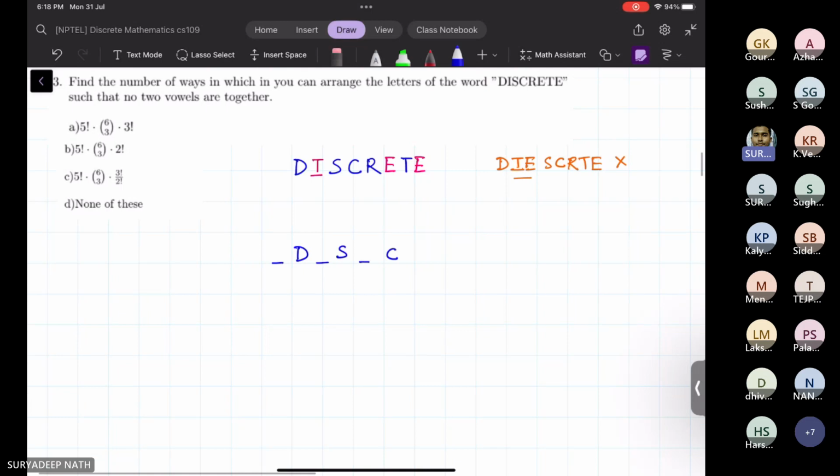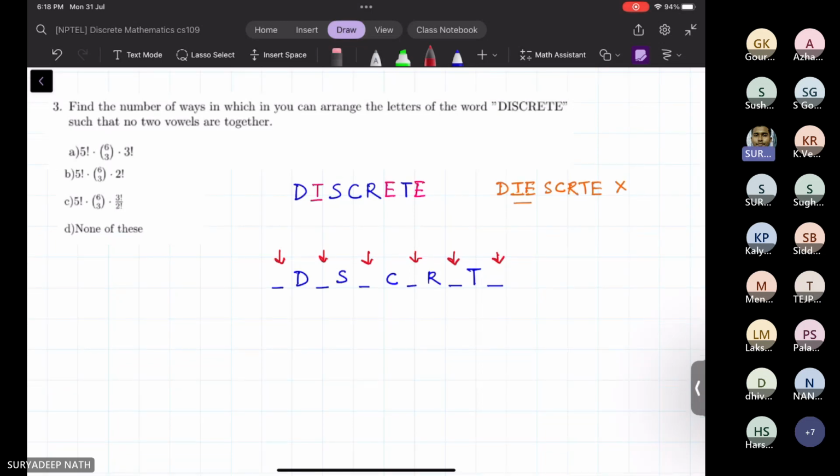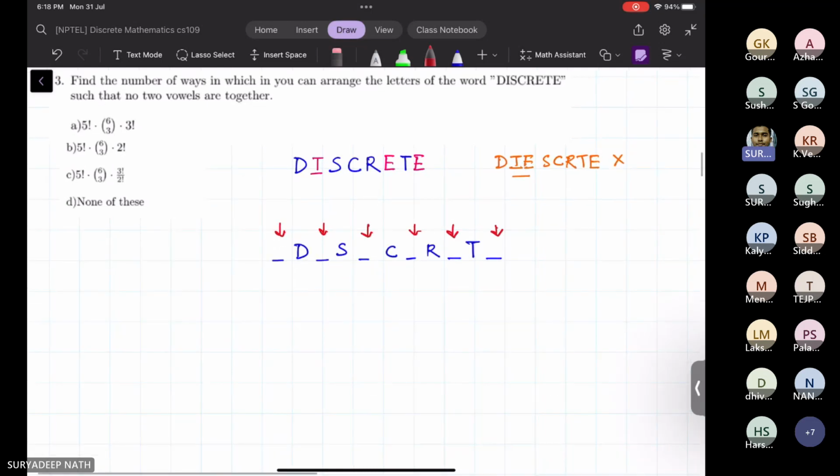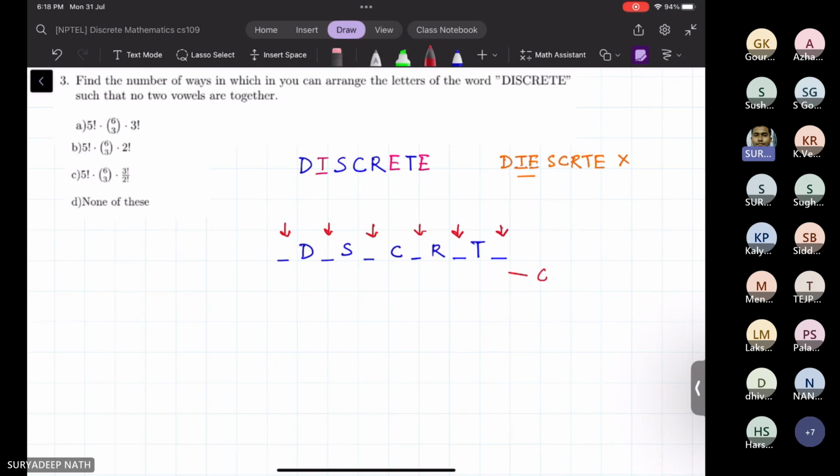So D, S, C, R, T. We have 5 consonants, and if we place the vowels in any of these slots that you can see, then we will have the correct arrangements. So there are 6 slots for the vowels.